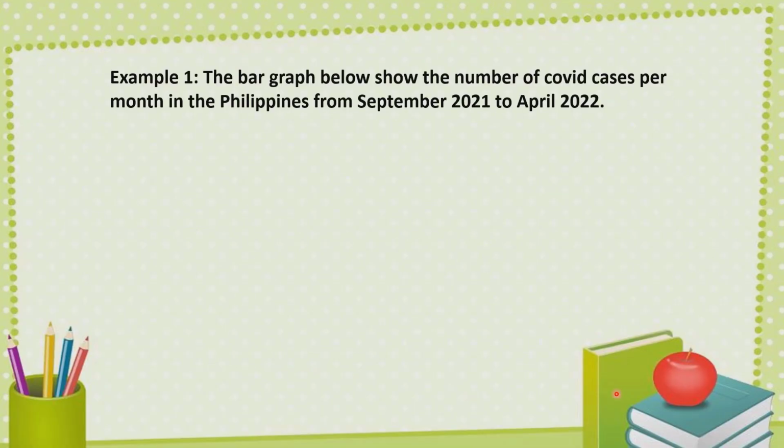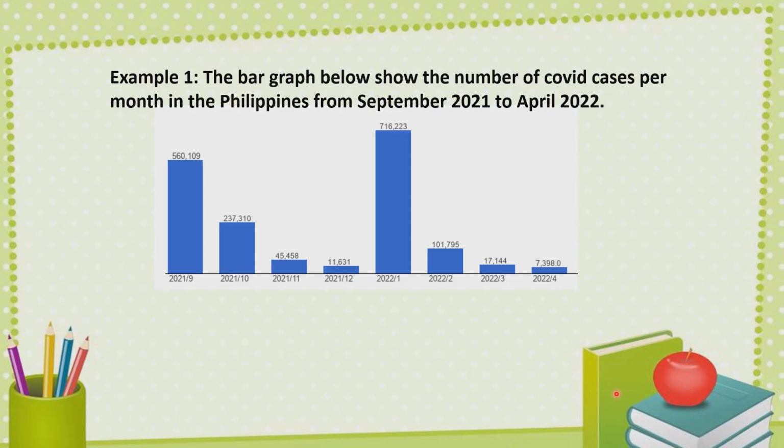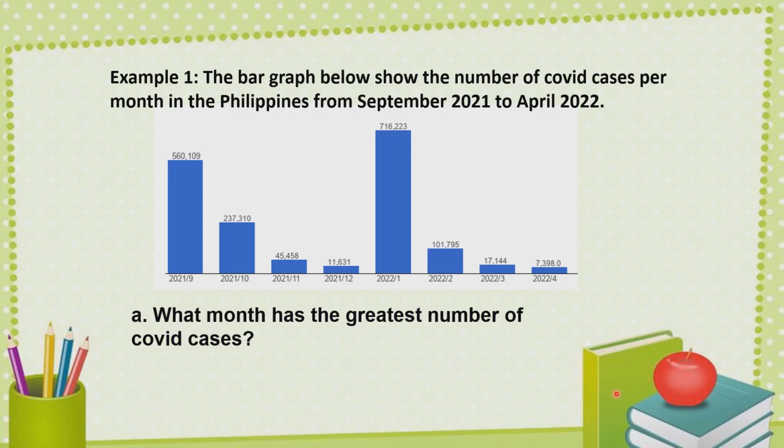Example number 1. The bar graph below shows the number of COVID cases per month in the Philippines from September 2021 to April 2022. What month has the greatest number of COVID cases?